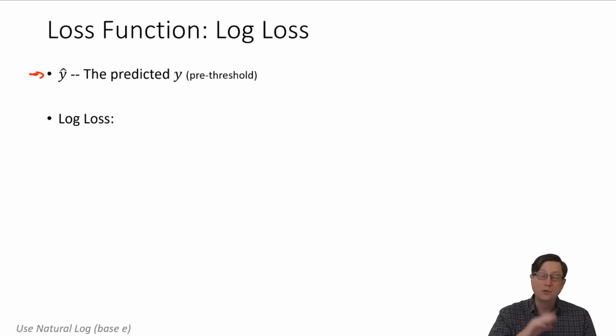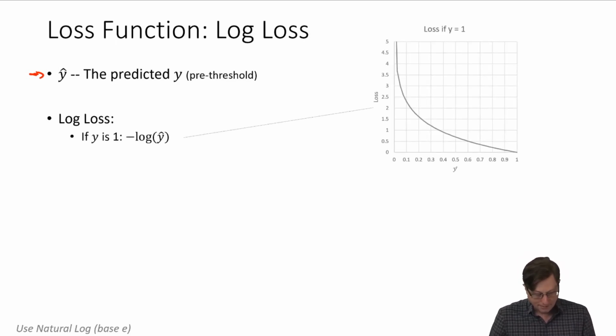Now remember, if you're doing classification and applying a threshold, you might have a different notion of y hat, which is the 0, 1 that you get, but you don't use that with the log loss. All of this happens before the thresholding, or it's wrong.